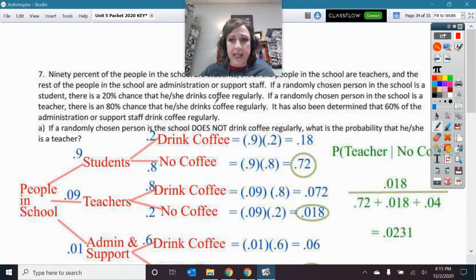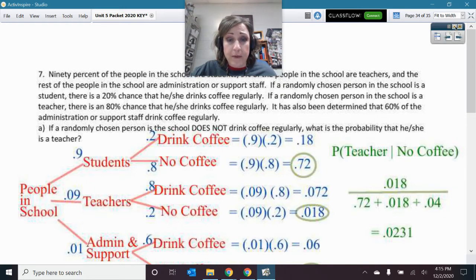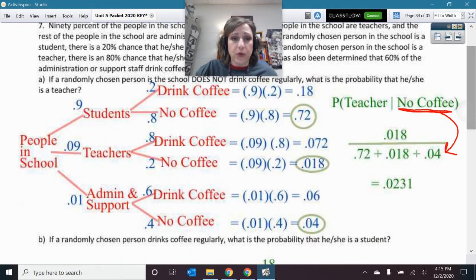So the question is this. Given that you randomly select a person and they are not drinking coffee, what's the probability they were a teacher? So I need to put all of the no coffee situations as my denominator. That I have circled.